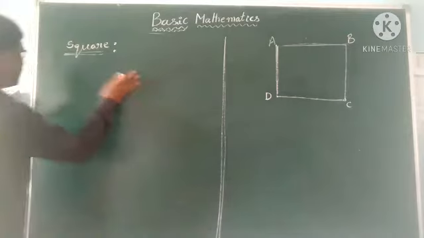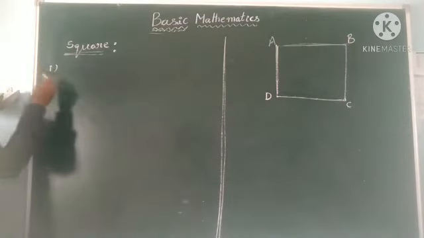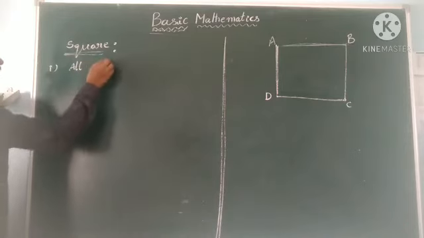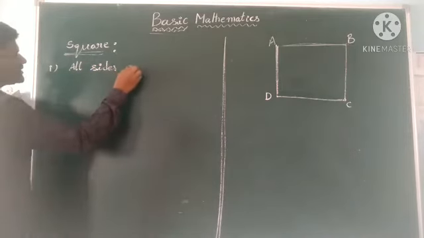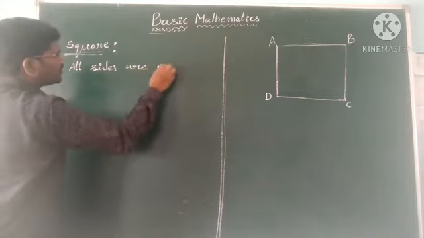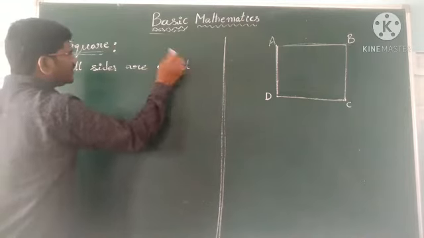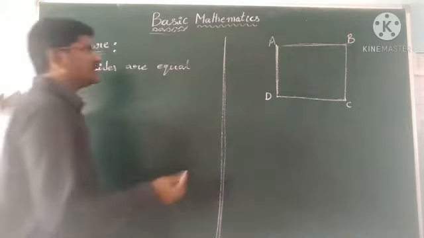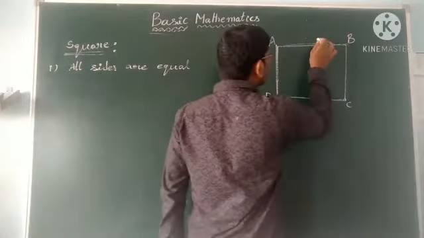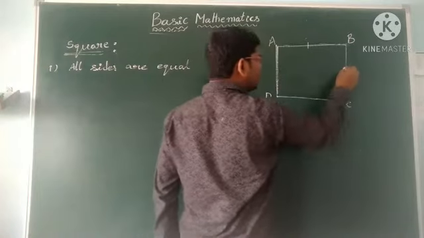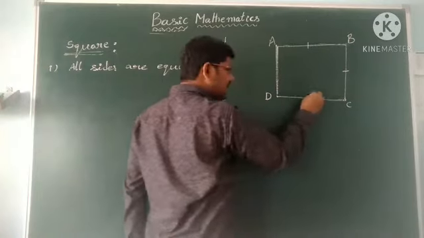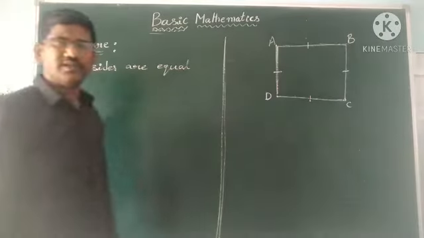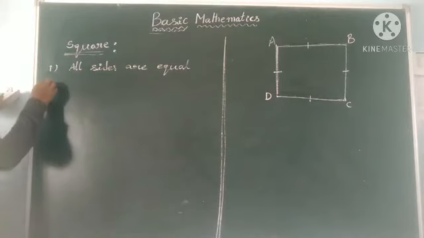Now the first property of the square, you see my dear students: all sides are equal. So all the sides have equal lengths, which means AB length is the same as BC, BC length is equal to CD, CD length is equal to AD. So this is the first point.